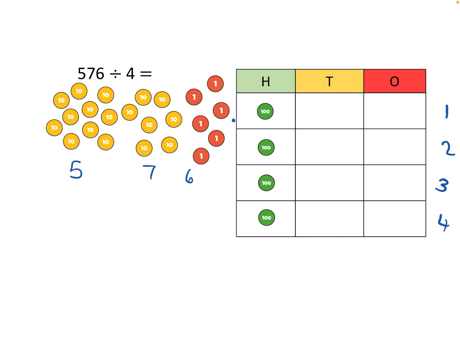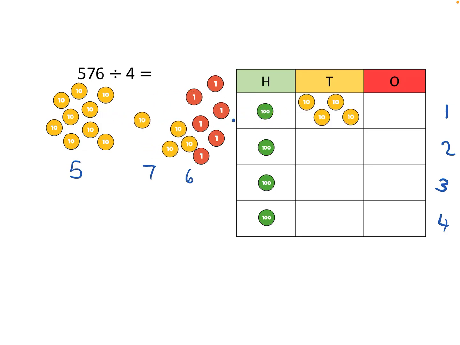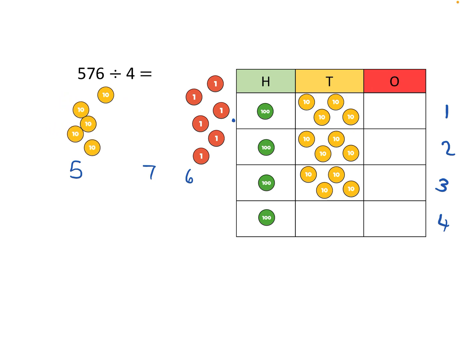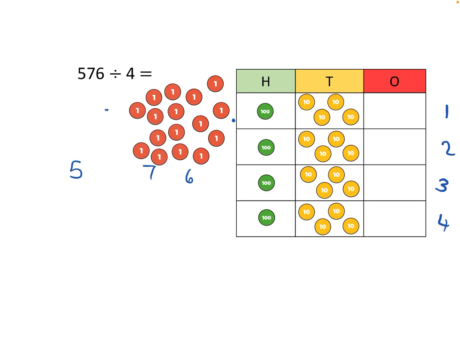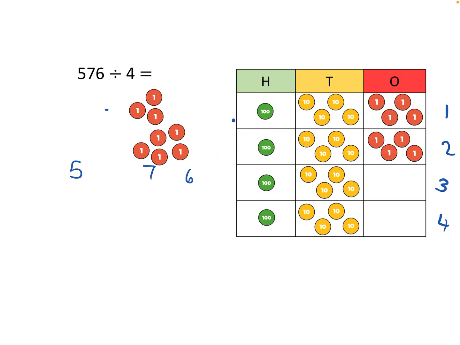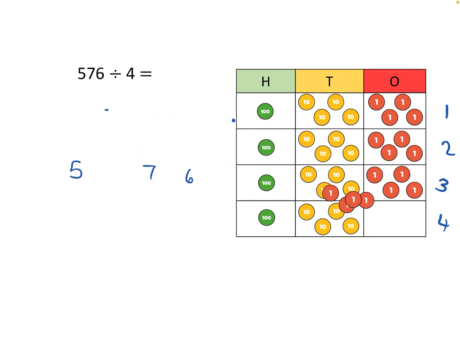So now I've got lots of 10s. I'm going to split them equally between my groups, and I've got another 10 left over. What am I going to do with this? Well done if you remembered, we're going to exchange that for 10 1s. And then I'm going to put them nicely in our hundreds frame, or our place value frame.